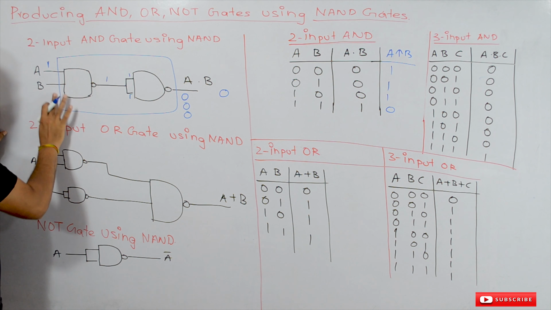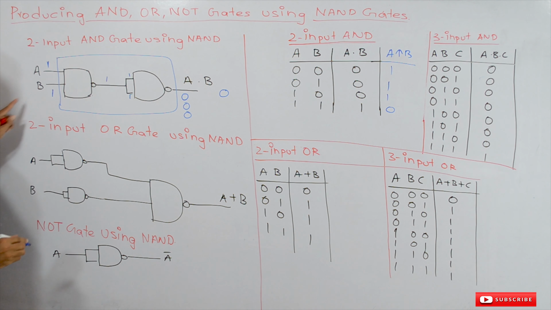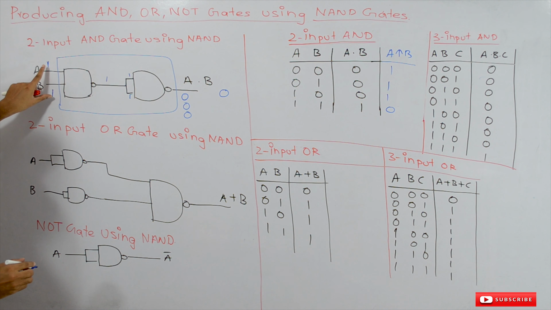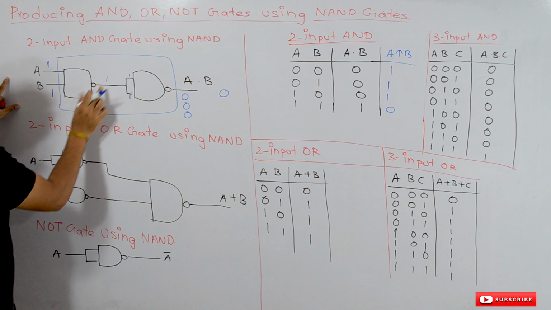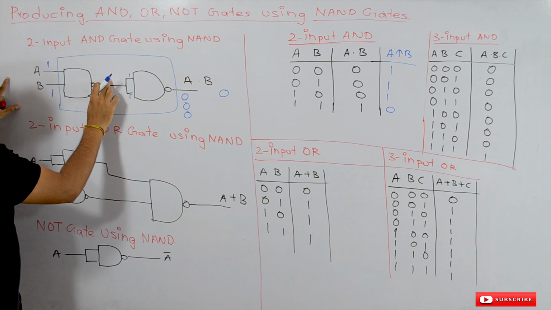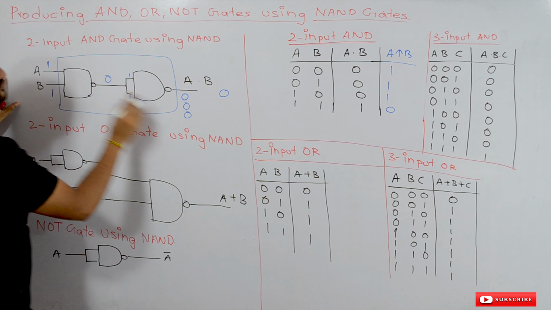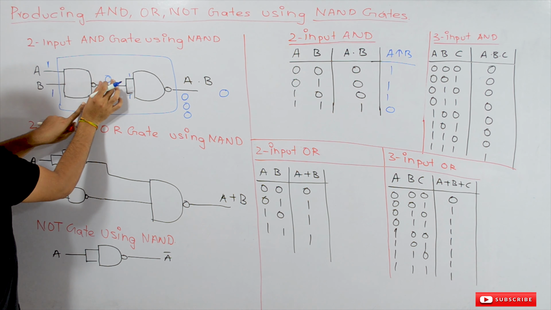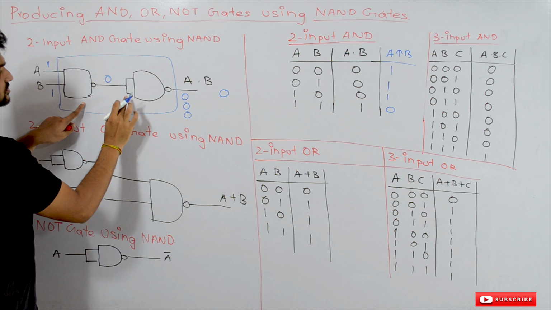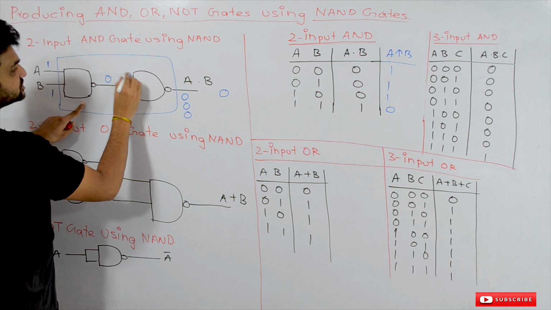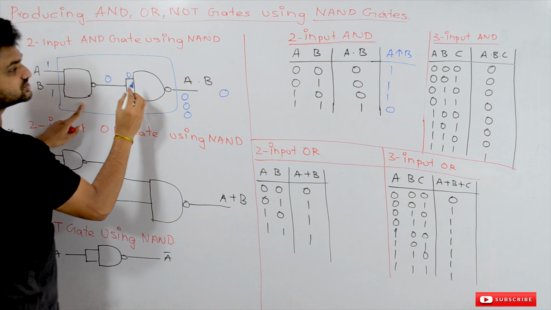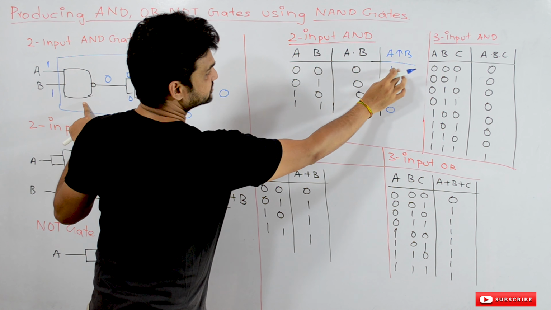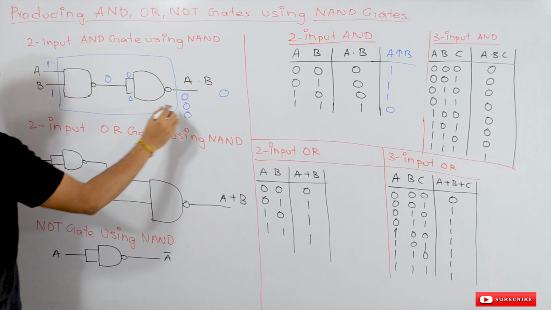Similarly, if you take 1 1, the NAND gate is going to produce a 0. This is a NAND gate, so this is going to produce a 0, and the input here is going to be 0 0, and for 0 0 the output of the NAND gate is 1.